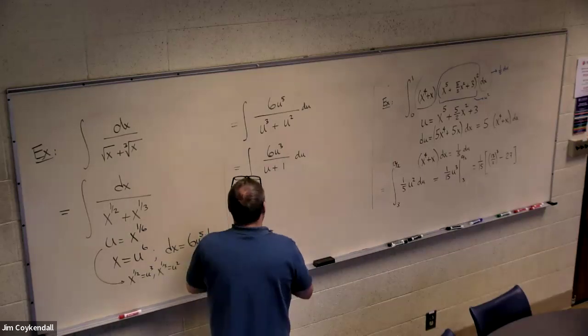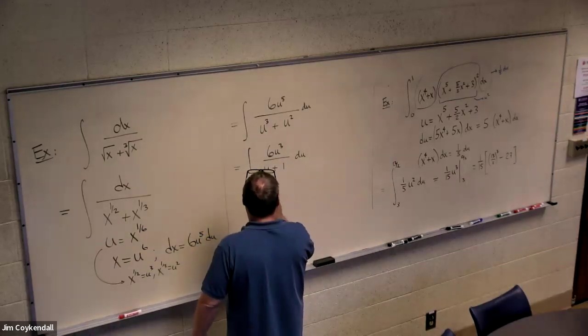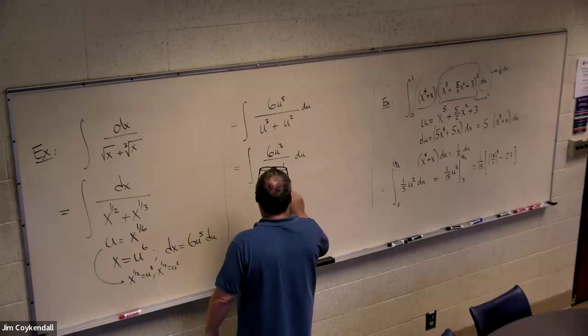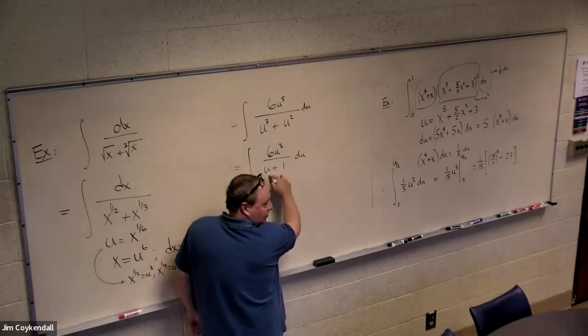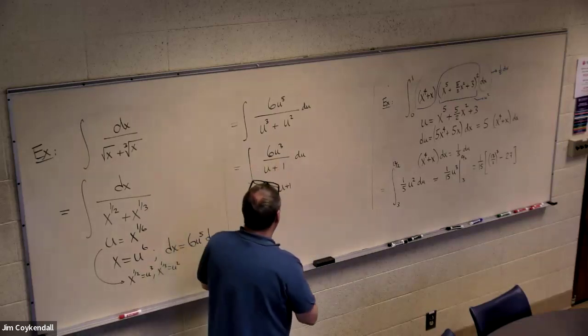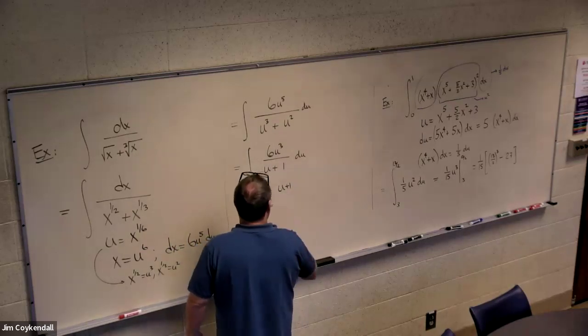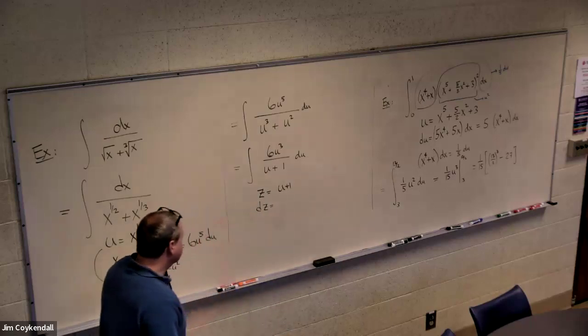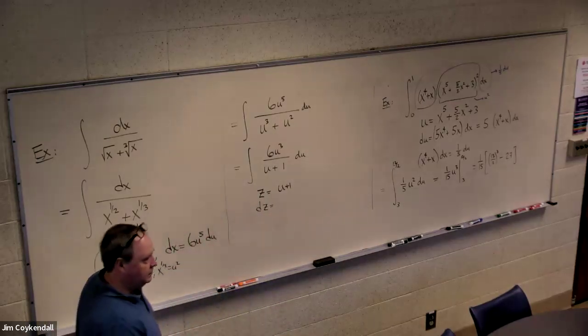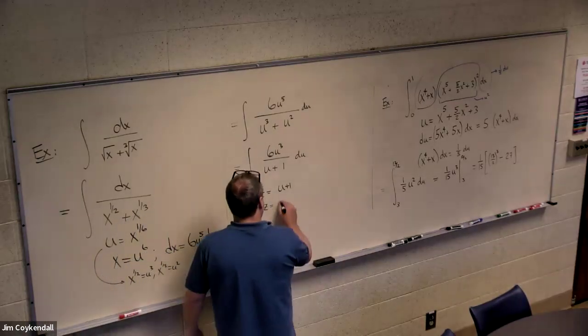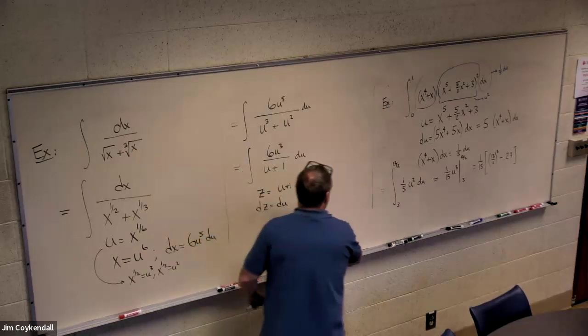So let's try this. Let z, a new substitution, be the bottom piece. I want to turn that into a single piece so I can divide. So dz is what? 1 du, so dz is du.